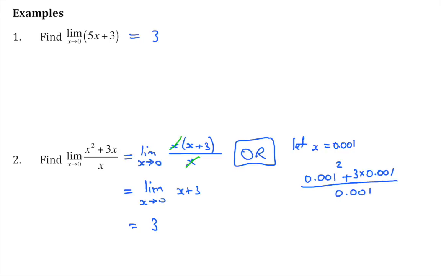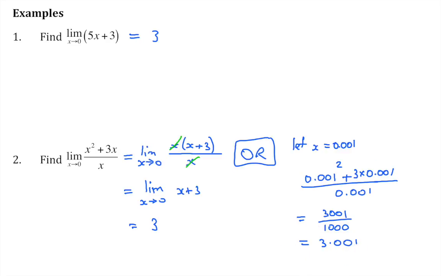Now I've got a calculator next to me here, so I'm going to put this into the calculator. 0.001 squared plus 3 times 0.001 over 0.001, push equals, and the answer is 3001 over 1000, which if I push S to D is 3.001. Now the whole purpose of using this method is, what is the answer close to?